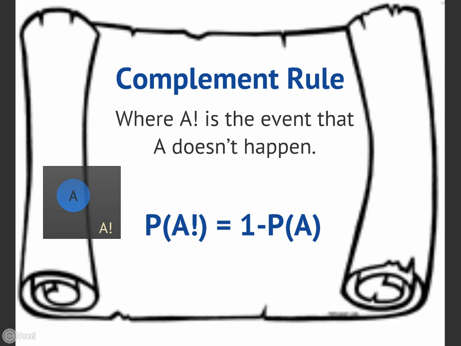But how can we use that to figure out how likely is it that something doesn't happen? So let me put this in words. Let's say the outcome that we know is left-handedness. So let's just say I know how likely it is to be left-handed. What I don't know is how likely it is to not be left-handed. The way to figure that out is to use the complement rule.